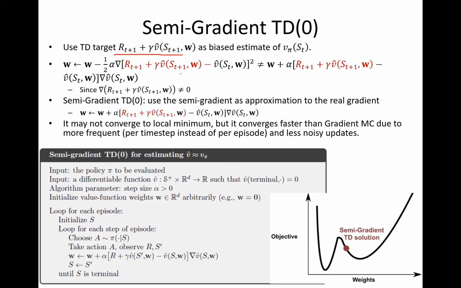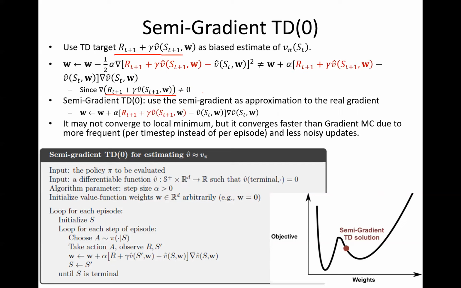Now, if you're taking the gradient of this squared error in a sampling approach, for a particular sample of s t+1 and r t+1, you cannot simply take the gradient inside and do this, because this term here is dependent on w. That's the non-IID part. So this gradient is not equal to 0.